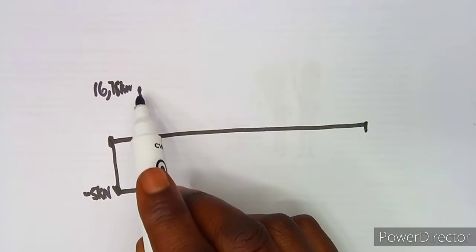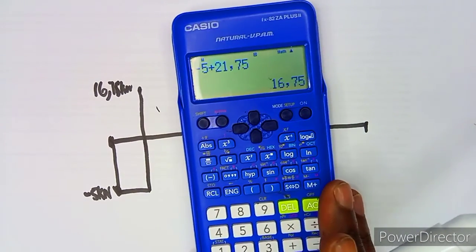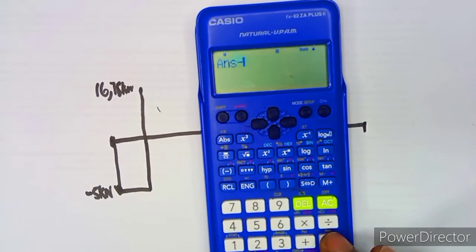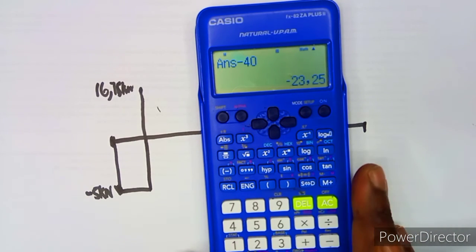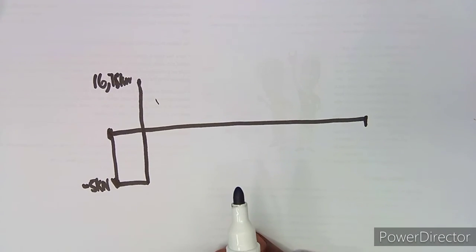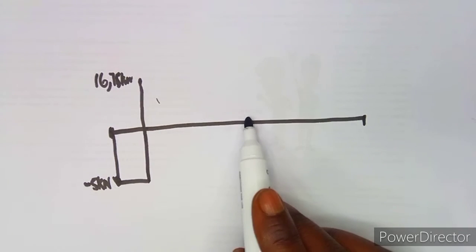So you're going to move minus 40 to this point, in a straight line. So it's 16.75 minus 40, which is minus 23.25.